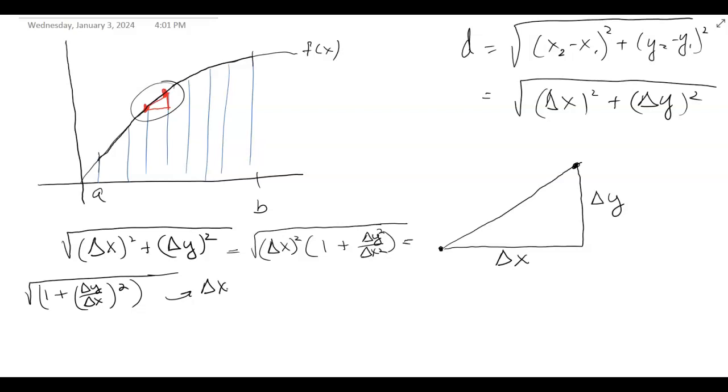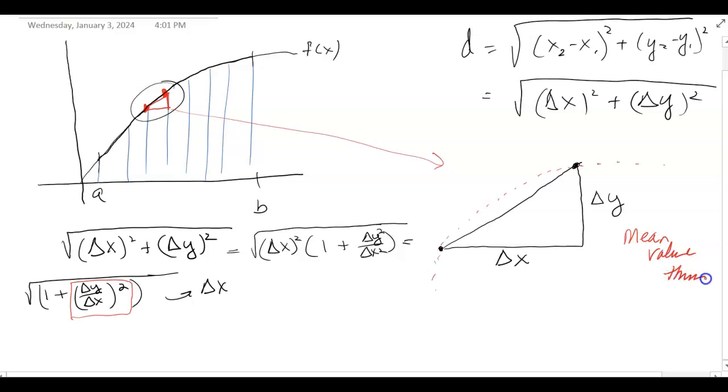So what is delta y over delta x squared? What exactly is this piece right here? Well, come on over to this blown up triangle, which really is an arc we're looking for. If you recall something called the mean value theorem, you learned it in Calc 1 very briefly.